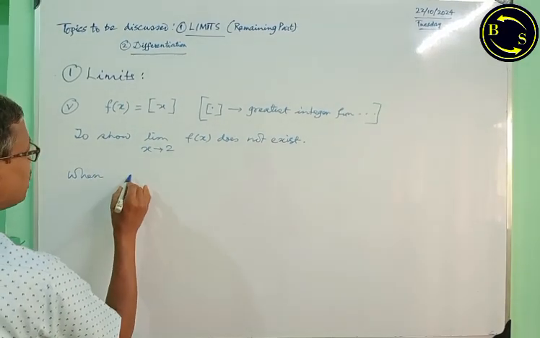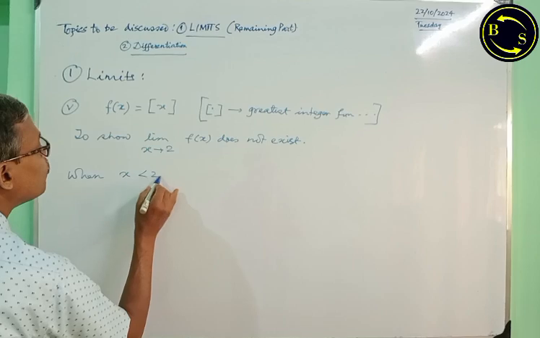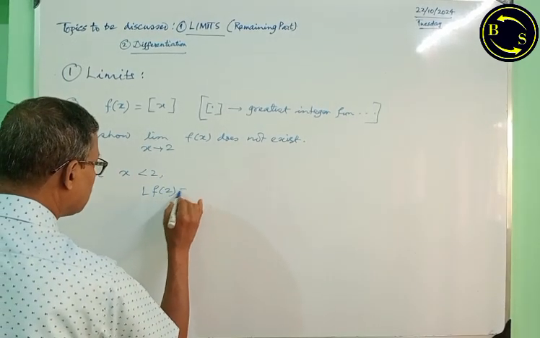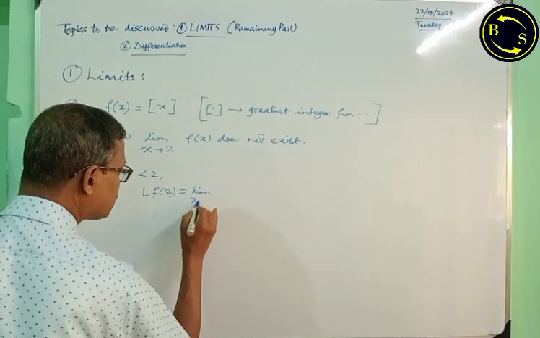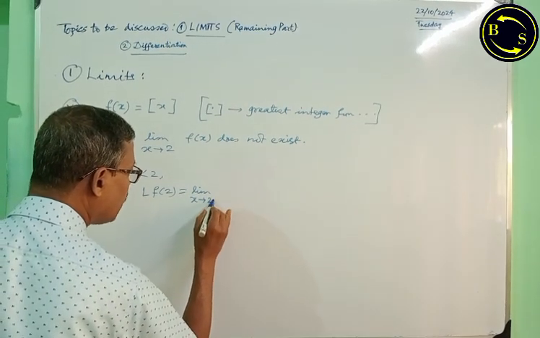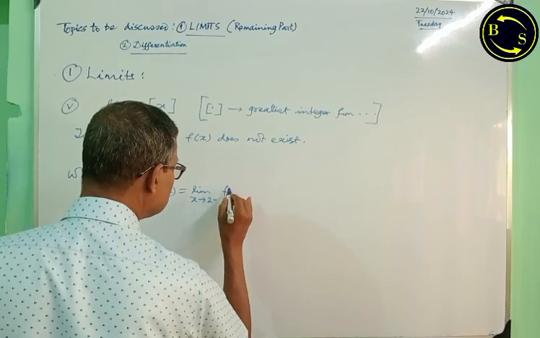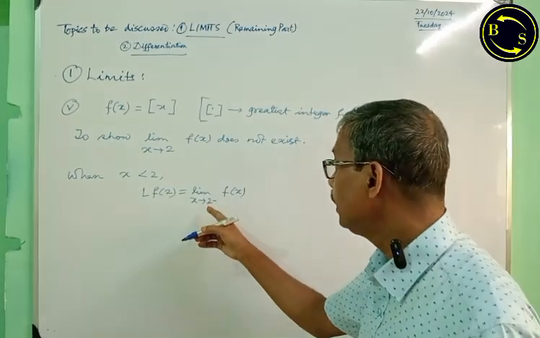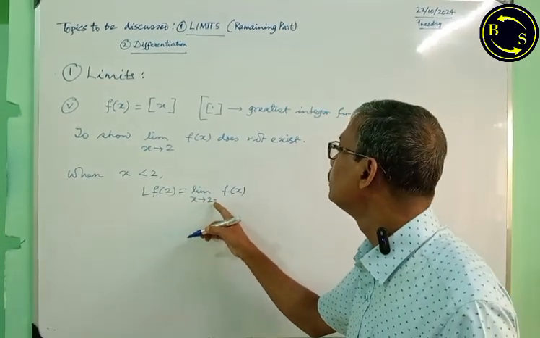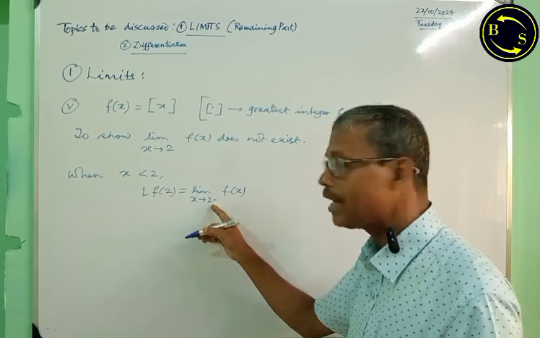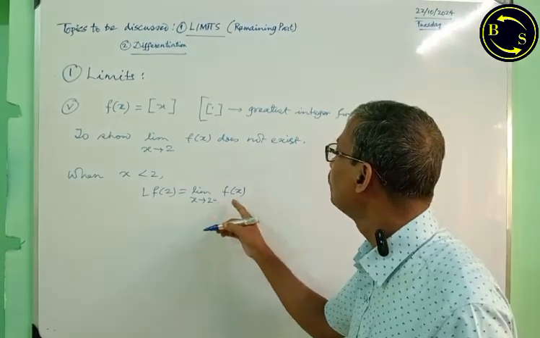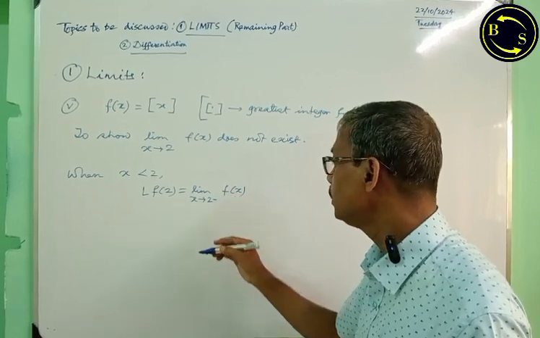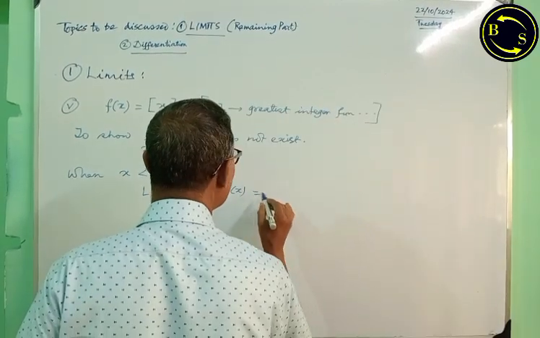When x less than 2, that means L f(2), that is equal to limit x tends to 2 minus. Already I have discussed, when x is just less than 2, slightly less than 2, then value of f(x) when it is greatest integer function will be 1.